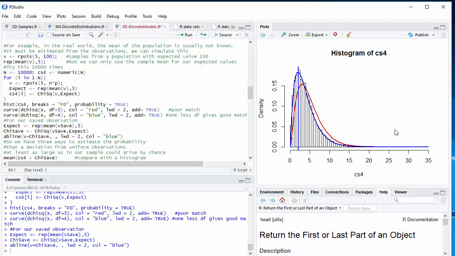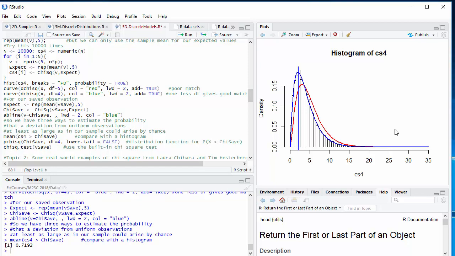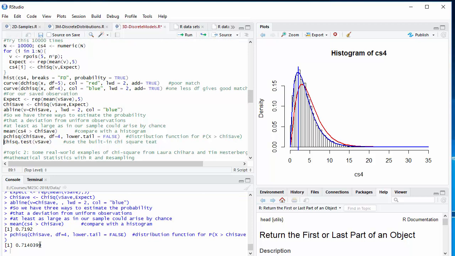So to summarize, we've got 3 ways of estimating the probability that a deviation from uniform could arise by chance. One way is you can compare with a histogram and say 72% of the values shown in this histogram are larger than the observed discrepancy. Or you can use the chi-squared function, which also says 71% of the area under the graph of that function is to the right of my observation.